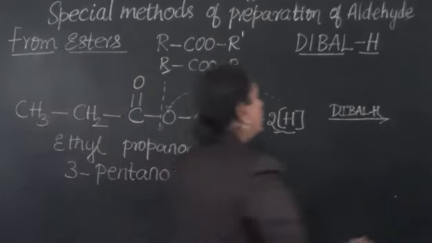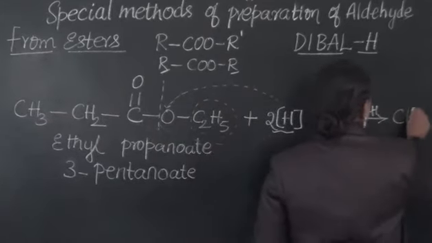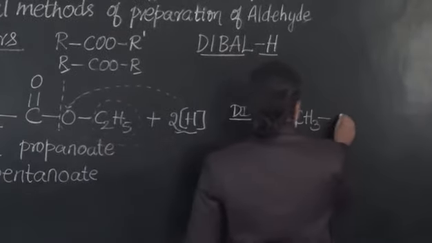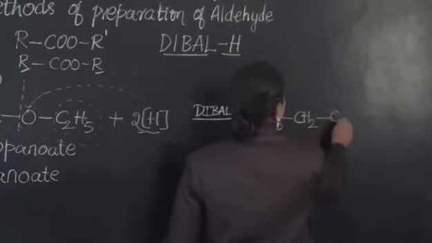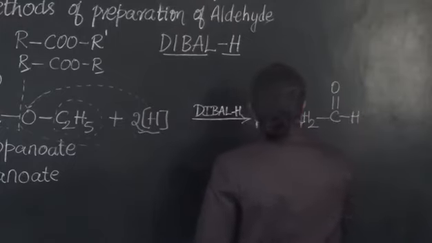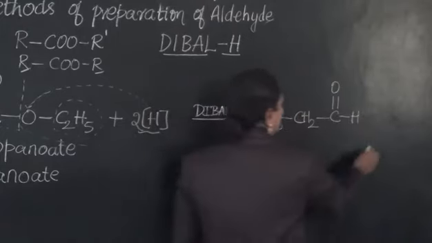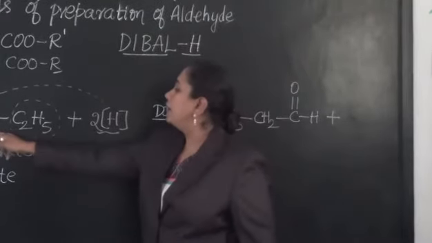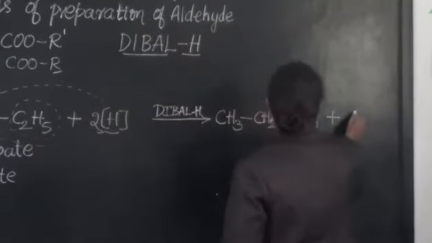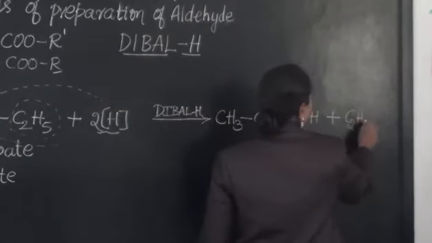So let us see what the products finally will be. CH3CH2 as it is, then C linked with oxygen by a double bond and with hydrogen by a single bond. Along with this, what else will be one more product? C2H5OH. So therefore, we also land up with the formation of an alcohol.